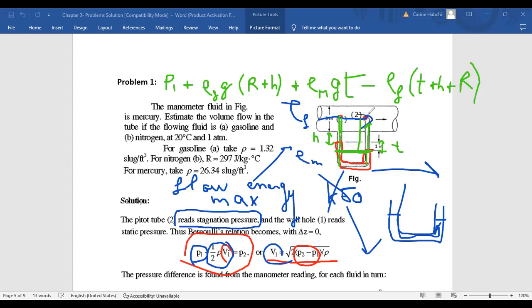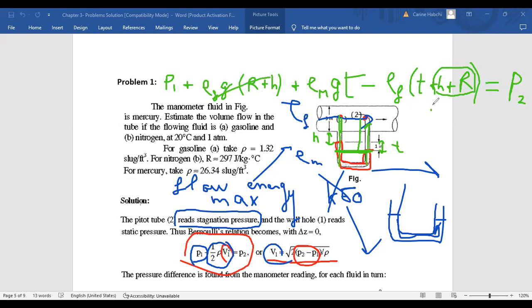And now we reached point 2, so this is equal to P2. Now, as you can see, we have here plus rho fluid g (h plus r), and here minus rho fluid times g (h plus r plus t). So h plus r will cancel out, because here it is minus and here plus.